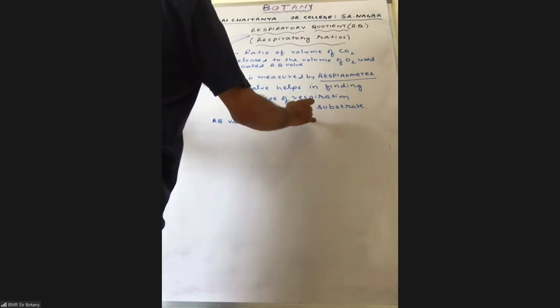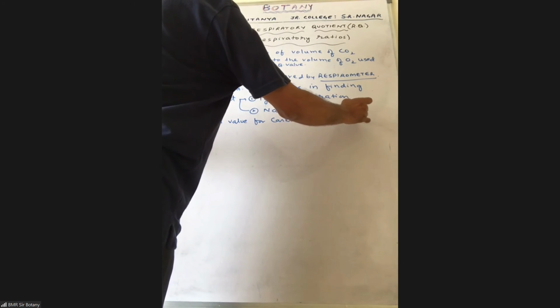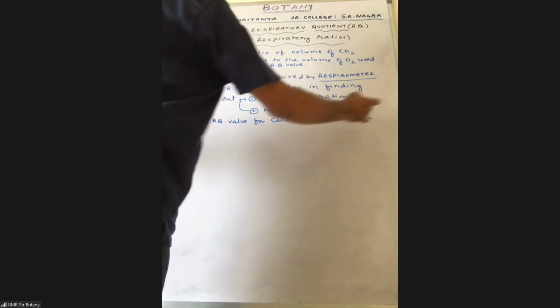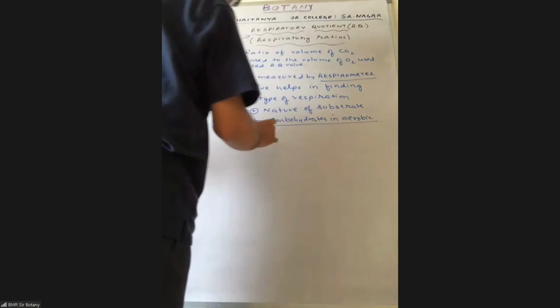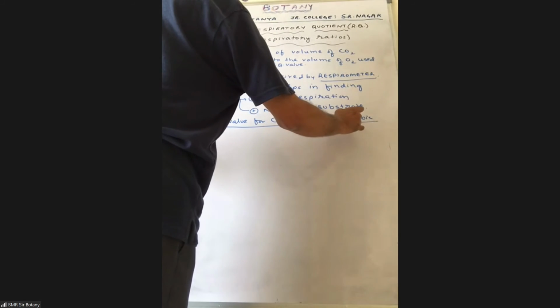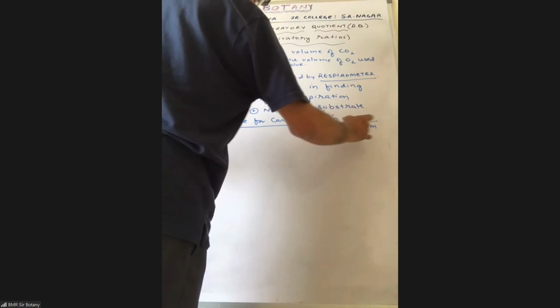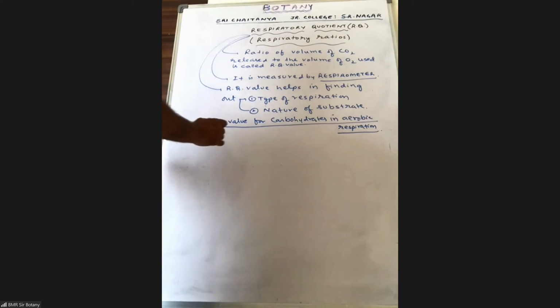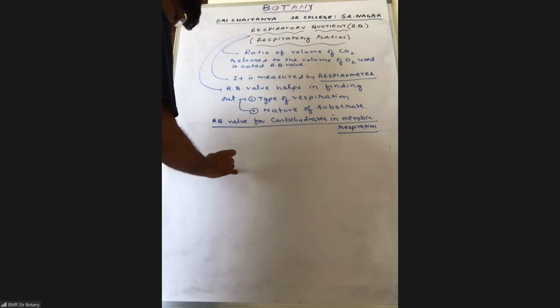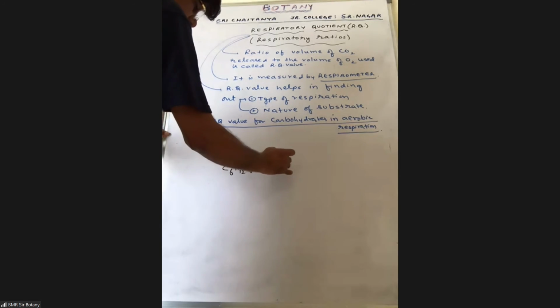First, let us see aerobic respiration. If it is carbohydrate, it starts with glucose. The equation goes this way: C6H12O6 is supplied with 6 molecules of O2.